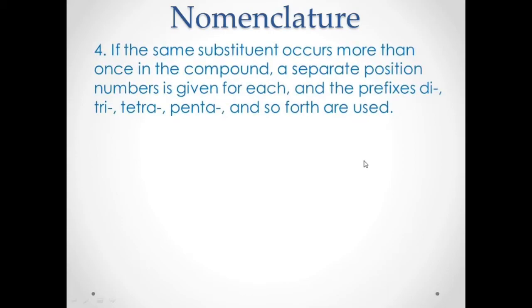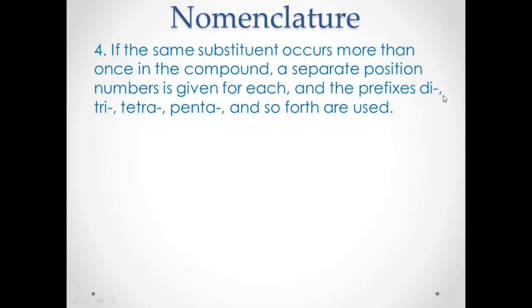Rule number 4. If the substituent occurs more than once in the compound, a separate position number is given for each and the prefixes di, tri, tetra, penta, and so forth are used. So if there are substituents that are the same, and if they appear twice, then we can use di.